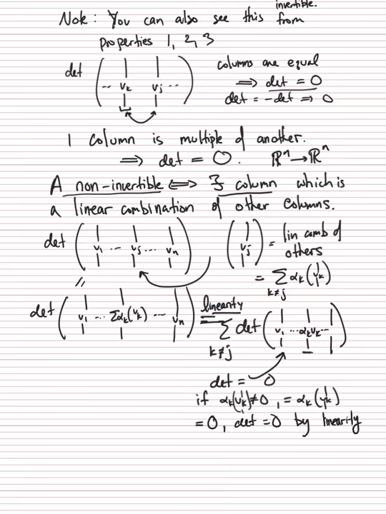If I have a 0 column, I can multiply that column by 0, I keep the same matrix, but now by linearity my determinant is 0. So either way, I'm either matching up one of my columns, or I have a 0 column. So I'm taking a sum of determinants, which are all 0, and therefore the total sum, which is precisely the determinant I'm interested in, is 0.